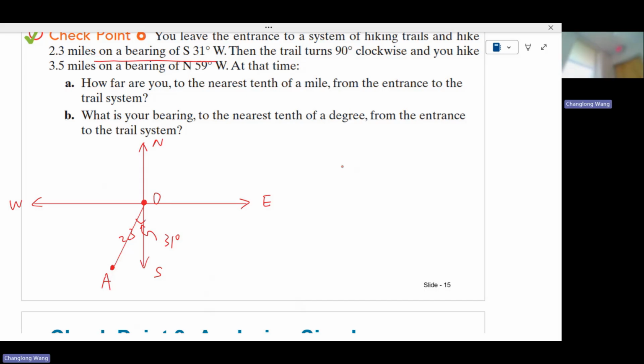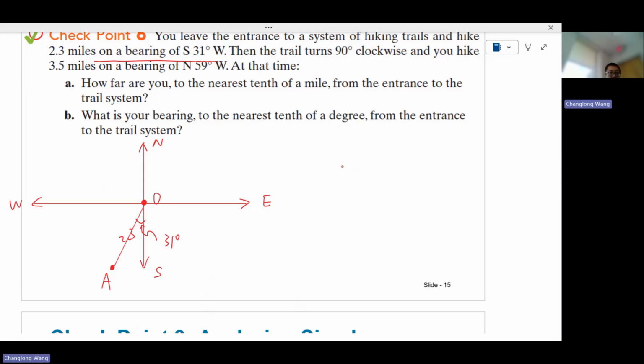You tell me, if the guy does that, will he be facing west or south? Clockwise. Can you imagine that I'm walking in that direction from O to A, then I'm turning clockwise? That means I'm looking to my right, and my right is the west.